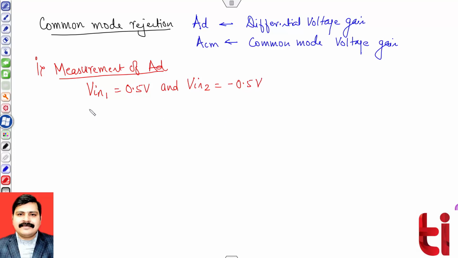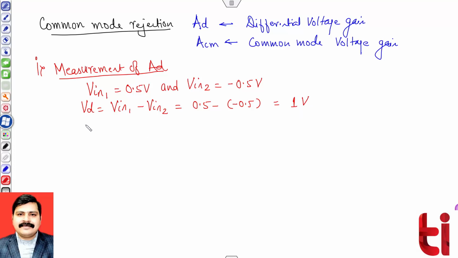I can check what is my differential voltage. VD will be equal to Vin1 minus Vin2, so it will be equal to 0.5 minus (minus 0.5), that means equal to 1 volt.